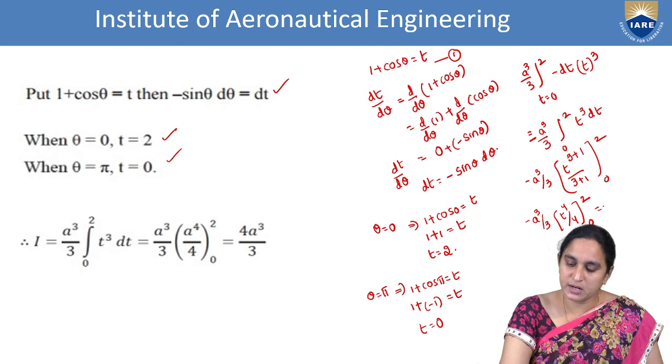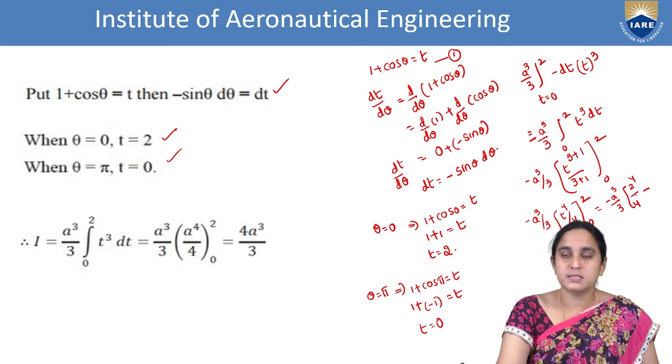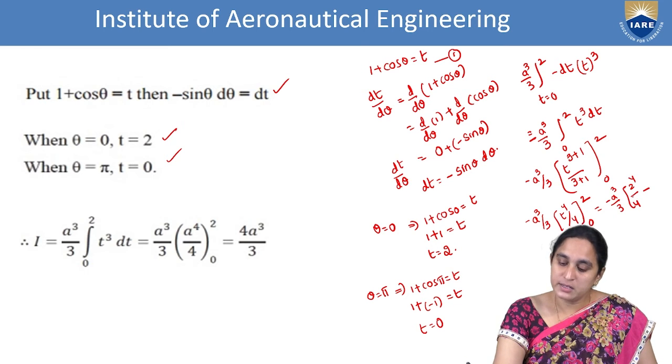That means here minus a cube by 3 into, substitute the limit points: first the upper point as 2 power 4 by 4 minus the next limit point as 0 power 4 by 4.